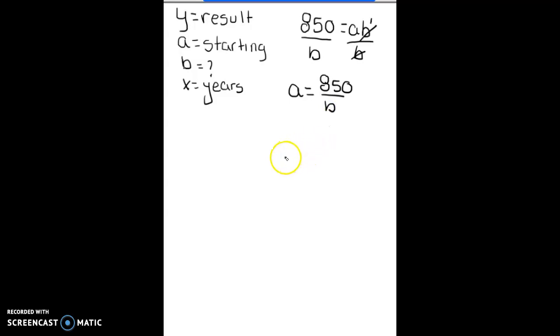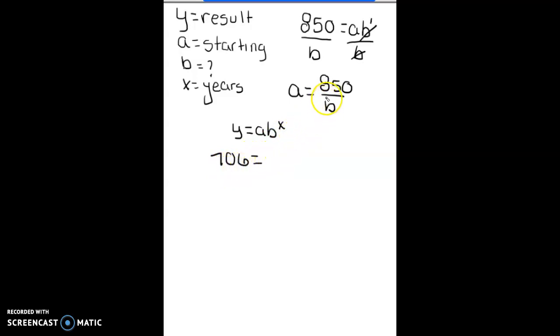Then the second part of the equation talks about the population continuing to decrease at a steady rate to 706 after the fourth year. So after the fourth year, we're down to 706. That's the result. So if we're looking at y equals a b to the x, our new result is 706.